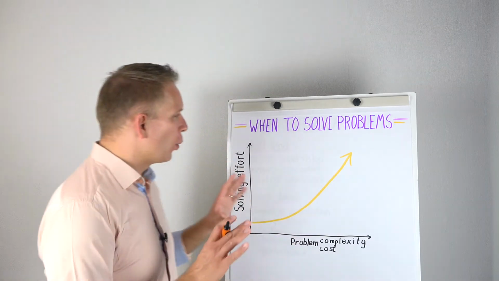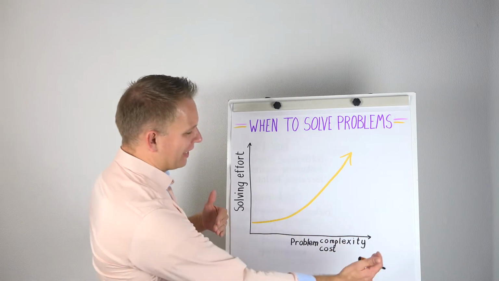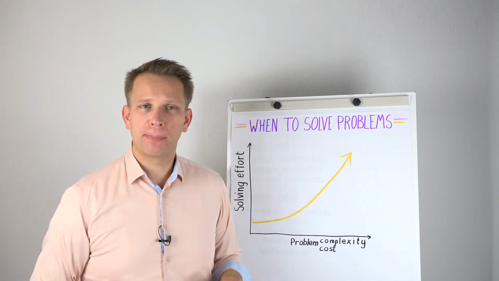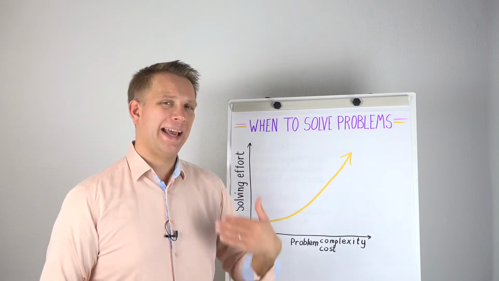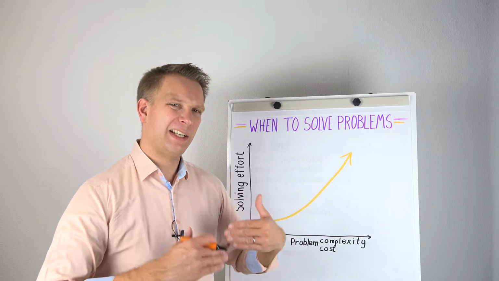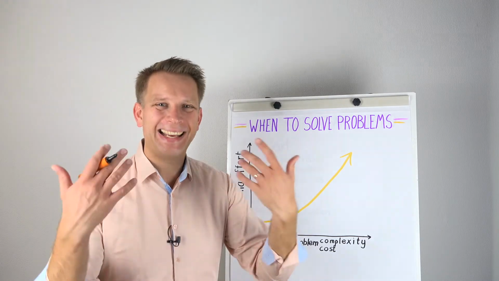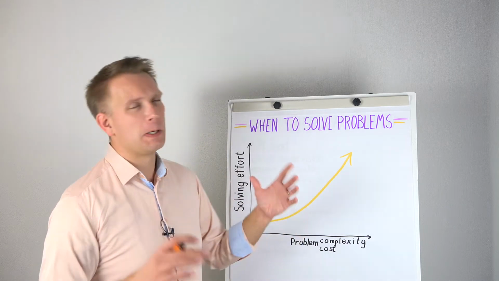For that, what we'll be talking about is that there is a complexity and a cost of problems. Now, they are not always completely linked. Know that the complexity of the problem has more effect on what type of tool you need to use. So basically how deep you need to get into understanding all the physics around the problem to solve it.